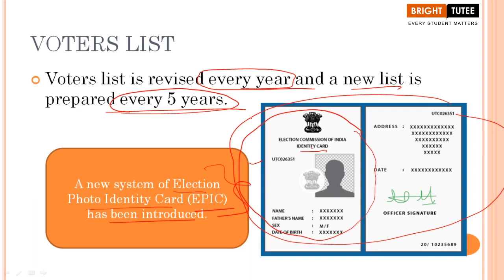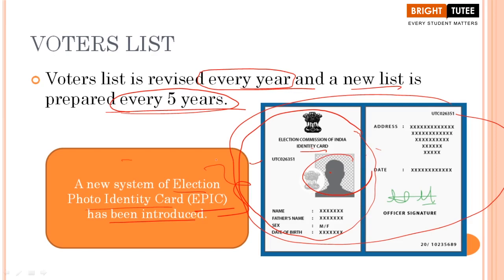It has been done so that nobody else votes on this person's behalf. Let's say his name is Ramesh. Any other person should not go on behalf of Ramesh to vote.